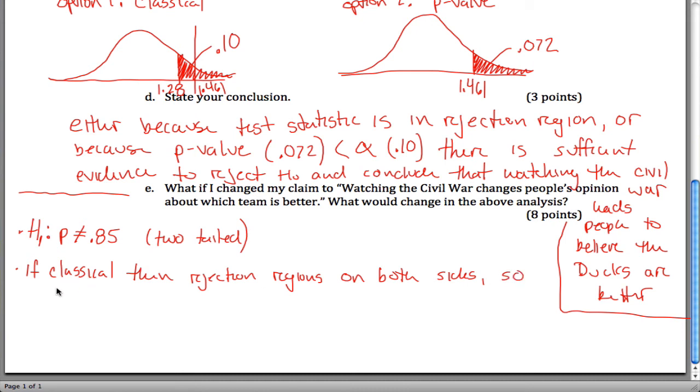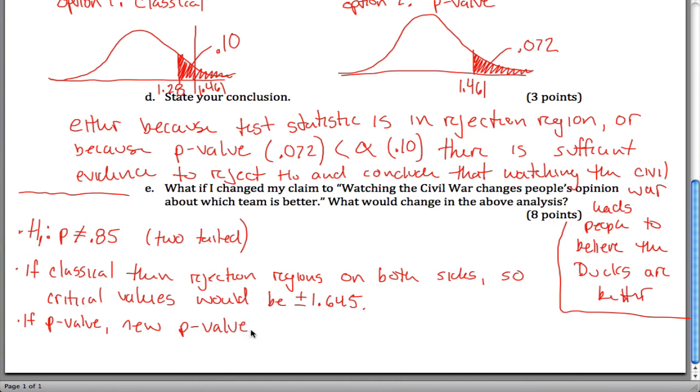So critical values would be plus or minus 1.645. If p-value, the new p-value would be double what it used to be. So instead of 0.072, it would be 0.144.